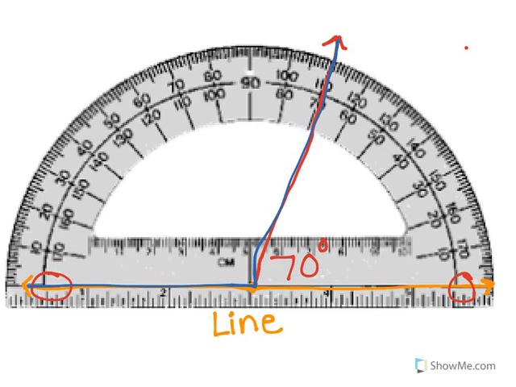So, if I look, I'm actually going to use the top. So I know my answer has to be greater than 90. So let's see, 10, 20, 30, 40, 50, 60, 70, 80, 90, 100. This angle is 110 degrees.